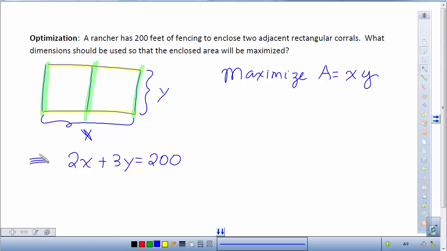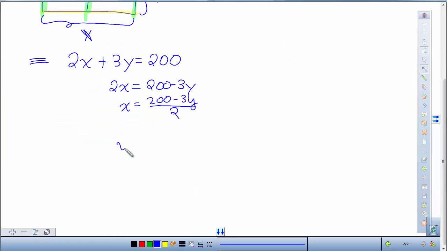I think I will solve for x. So we get 2x equals 200 minus 3y, or x equals (200 minus 3y) divided by 2, or x equals 100 minus 3/2 y.